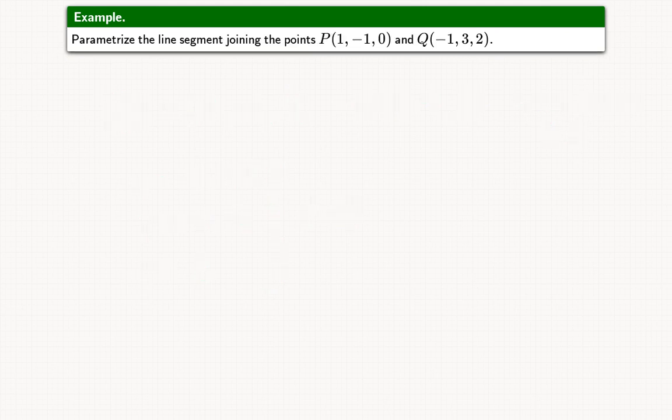Next, say we're asked to parameterize the line segment joining the points 1, -1, 0, and -1, 3, 2. So first we'll find the vector Q minus P. This will be -2, 4, 2.